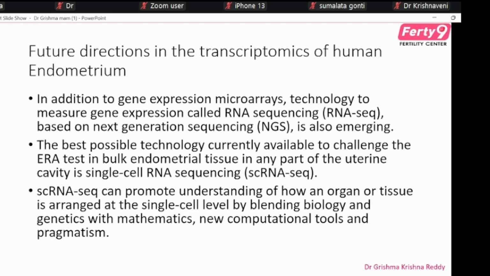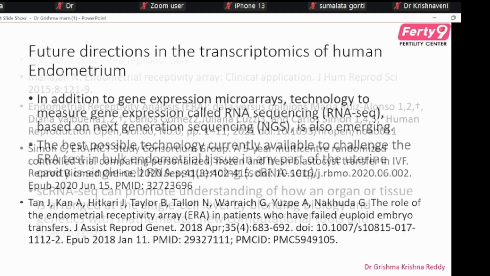So how reliable is ERA? First we have to rule out that the embryo is euploid, and only if repeated transfers are failing can we consider ERA. Right now there is no strong evidence to support that ERA is beneficial. It is still emerging, like transcriptomics in the human endometrium.